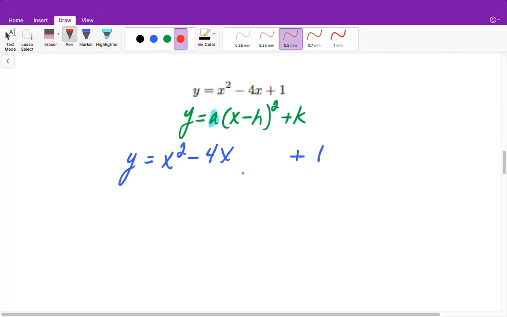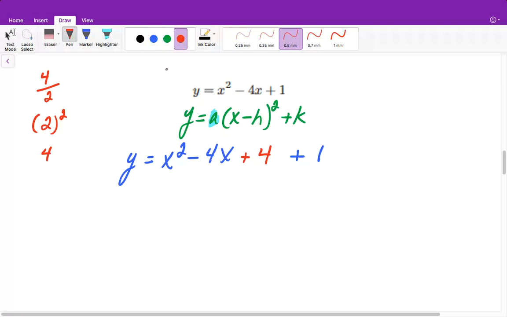Now we're going to complete the square, just like we did before. We took our 4, we divided it by 2. That gives us 2. We then square it, and that gives us 4. And we add it just like we did. The difference is, since we are not moving the 1 to the other side, we used to add 4 to both sides. Now we need to do it to the exact same side.